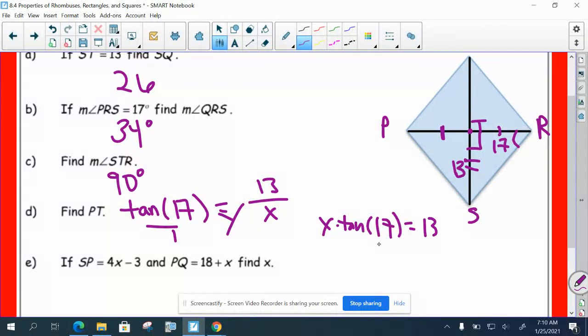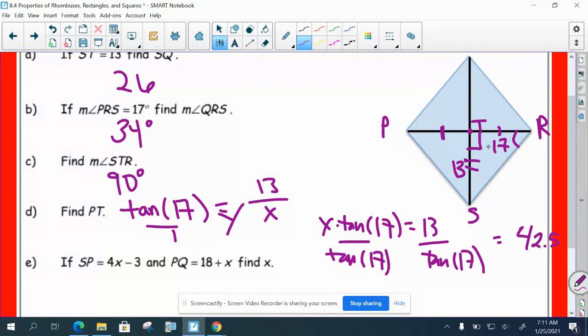Divide by the tangent of 17. If I plug 13 divided by the tangent of 17 into my calculator, I get 42.5. That seems really off. Let me make sure my calculator's mode is in degrees. It is, so I get an answer that's pretty big, 42.5.